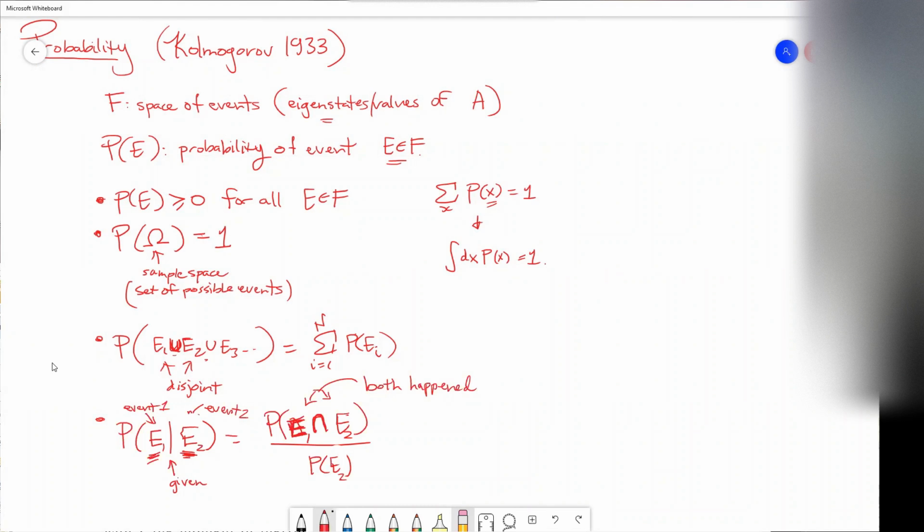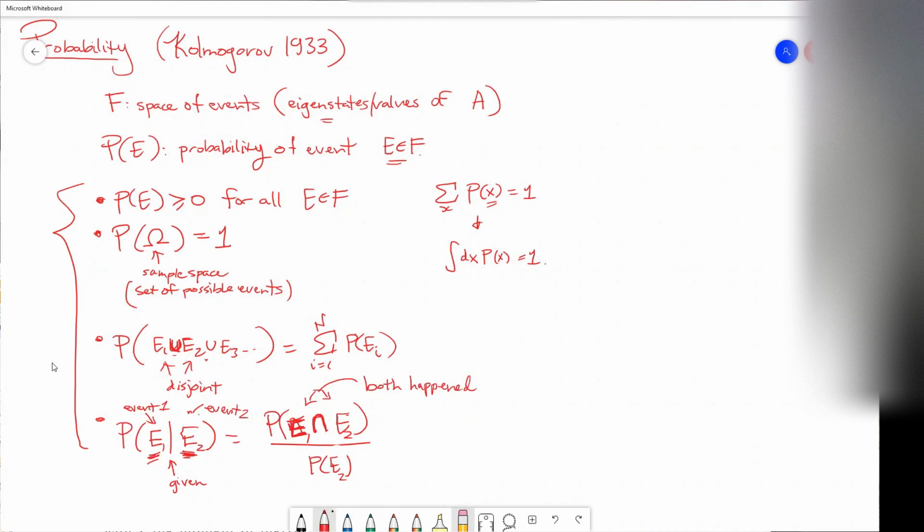Omega is a set of events, a collection of events, the set of all the possible events that could happen. Maybe if I figure out a better way, or when it comes up again, I'll try to be a little bit more precise.